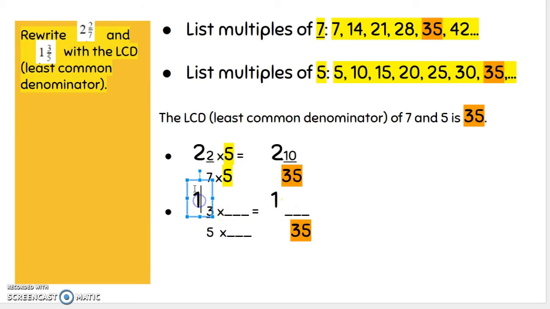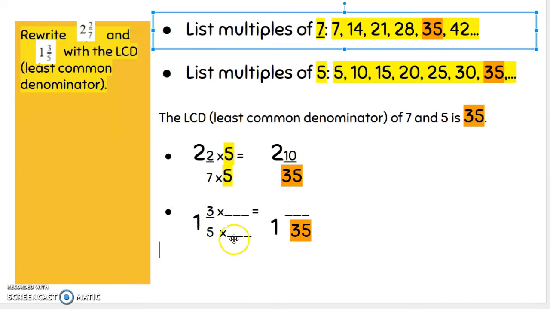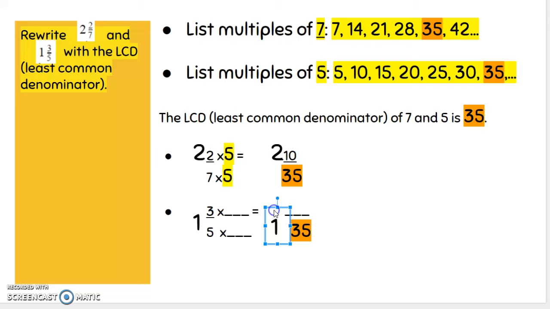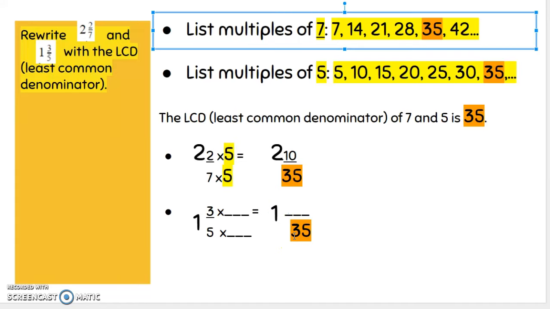Next, I'm going to do the same thing for the second number, 1 3/5. And what we're going to do is we're going to rewrite 1 3/5 as 1 and something over 35, the common denominator. So again, I think to myself, what number times 5 would give me 35?